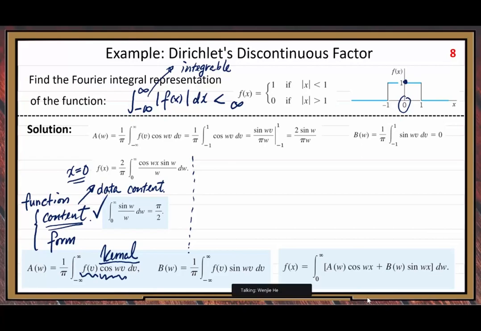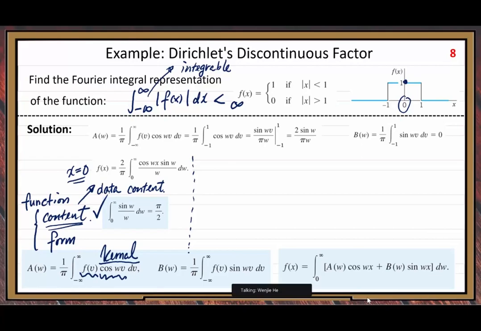That's the representation. We have various representations for a given function. Which representation is better is closely related to the given problem. For some problems, this special type of representation works better. For other problems, other representations work better.